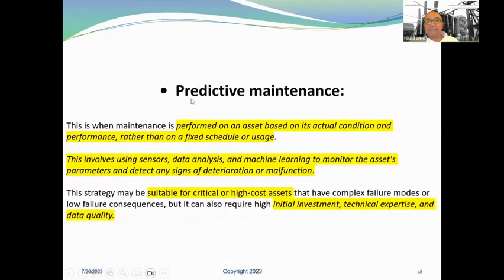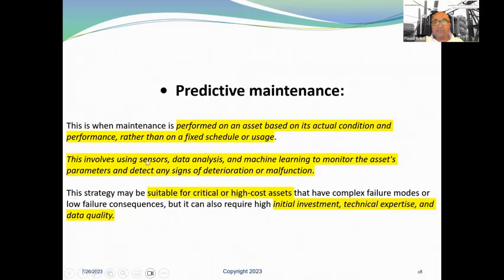And predictive maintenance is exactly what we wish to do. This is when maintenance is performed on an asset based on its actual condition and performance rather than on a fixed schedule or usage.